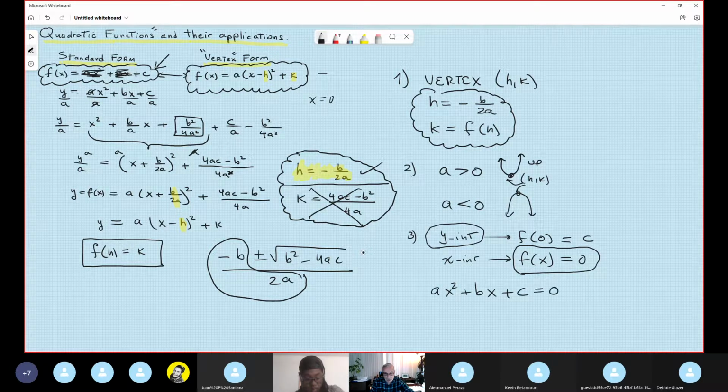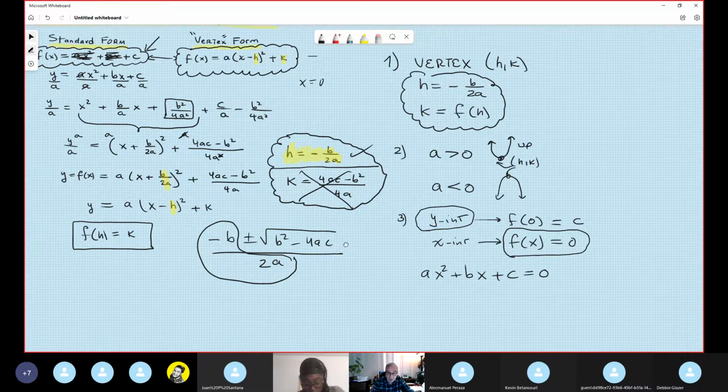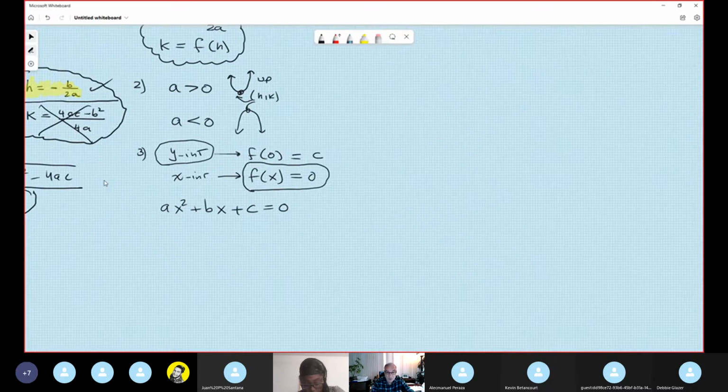Wow, this is the thing that we were doing before. It's the solution for the quadratic equation. So when you solve the quadratic equation, actually what we are doing is determining the x-intercepts of the parabola, or in other words, the points at which the parabola crosses the x-axis. Well, that's okay. I understand. However, we have 3 possibilities. Look at that.